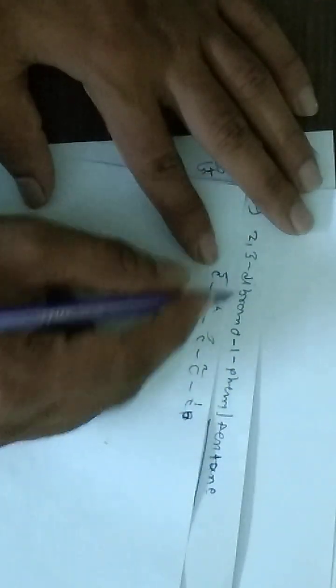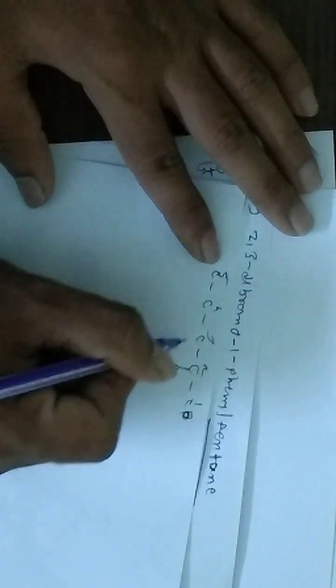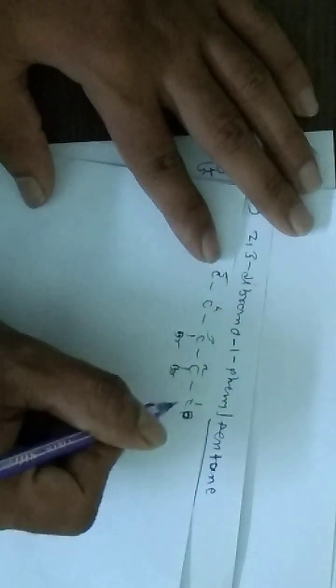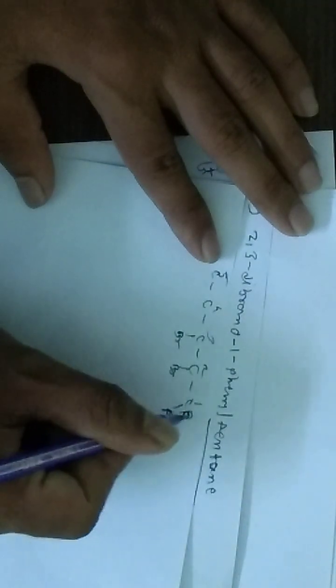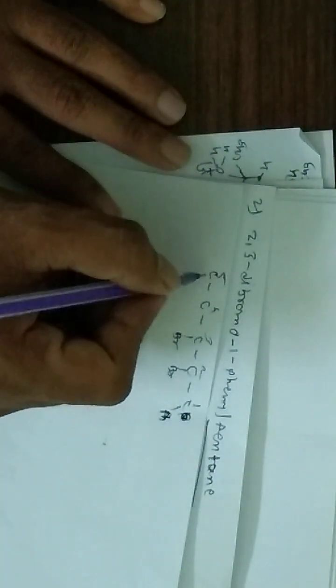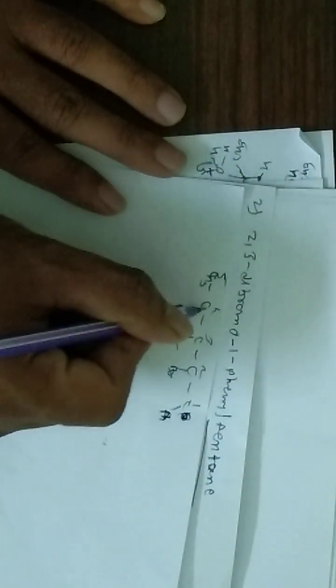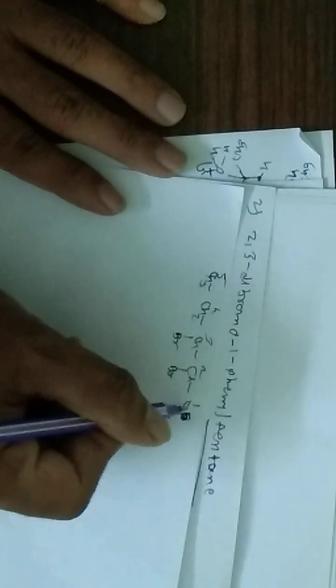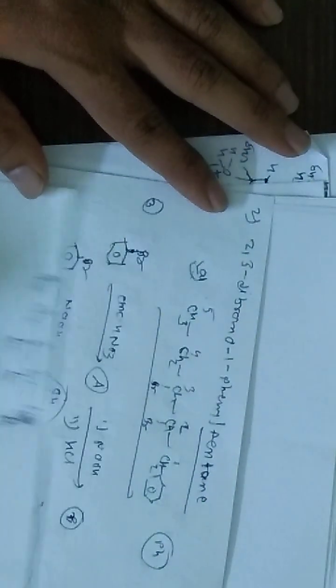At the second and third positions, one bromine is attached to each carbon, and at the first position Ph. For the phenyl group you can write Ph, and the other valences of carbon are balanced by hydrogen: CH2, CH, CH, CH2. So this is the structure of that given compound, and option A is correct.